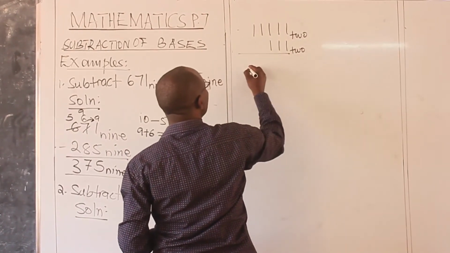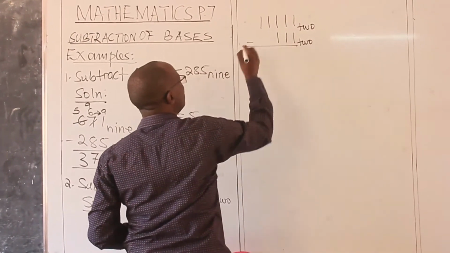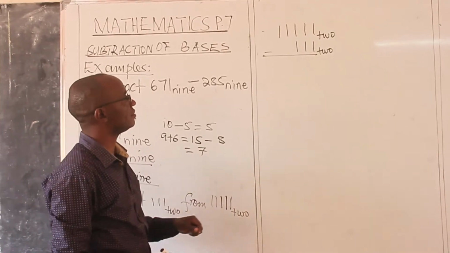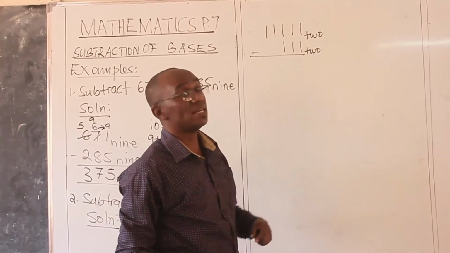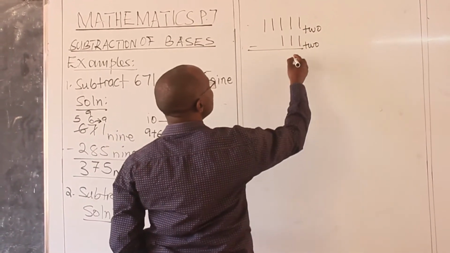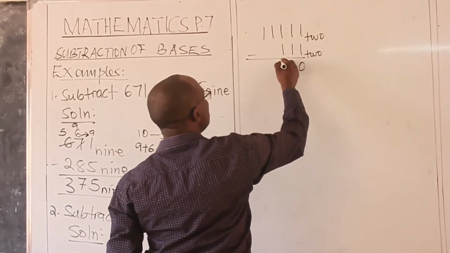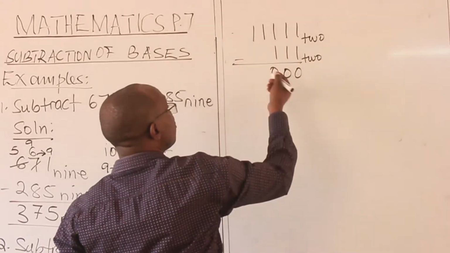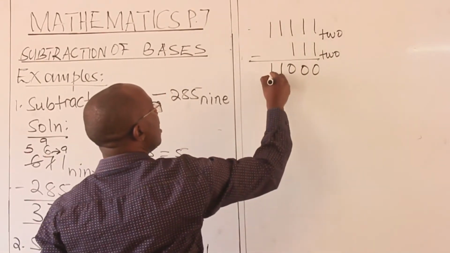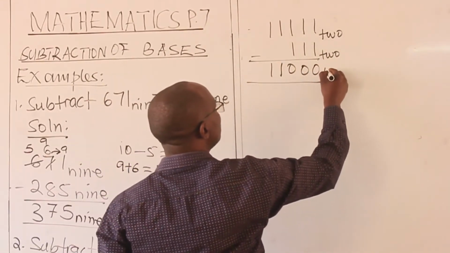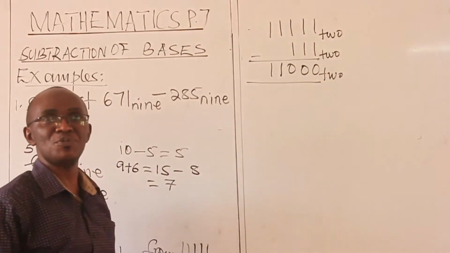Okay, we subtract. 1 minus 1, we get 0. 1 minus 1, 0. There is nothing to subtract from 1, so we have 1 and we have 1. So that is base 2. That one has been very simple for us.